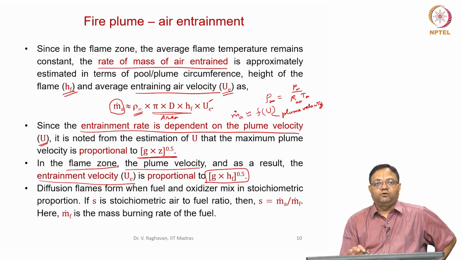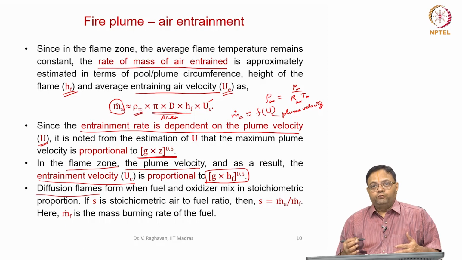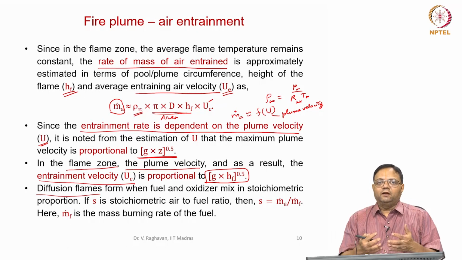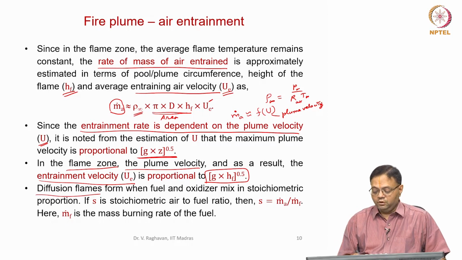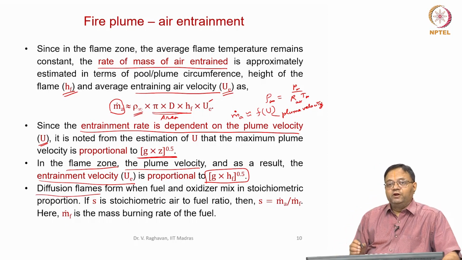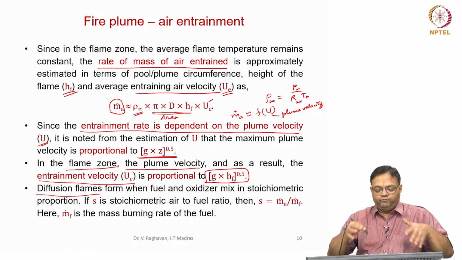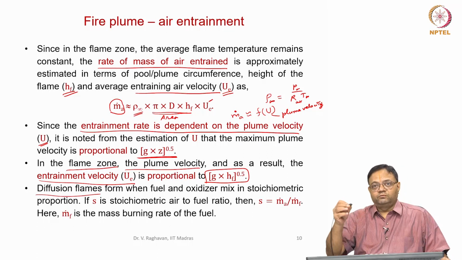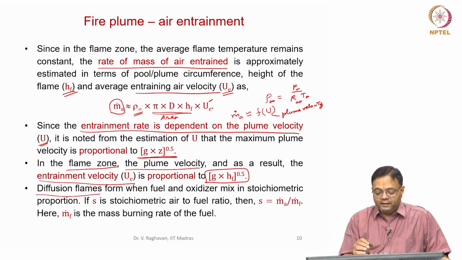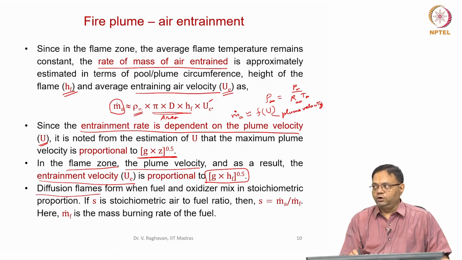And we know that fires are diffusion flames. That is, the fuel from the fuel surface and the oxidizer from the ambient mix at near stoichiometric proportion where the flame is located. So, we need not worry about a premix type of flame here, it is only a diffusion controlled flame. So, we can say that wherever the flame is located, the fuel and oxidizer are mixed in the stoichiometric proportion.